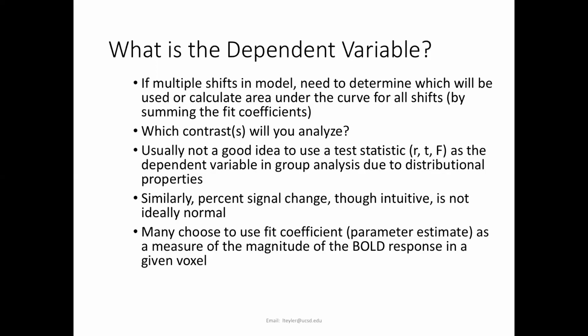It's often skewed. So the one that I have tended to use, and that many people use, is the fit coefficient, or the parameter estimate, or the beta weight in a GLM for the contrast of interest.